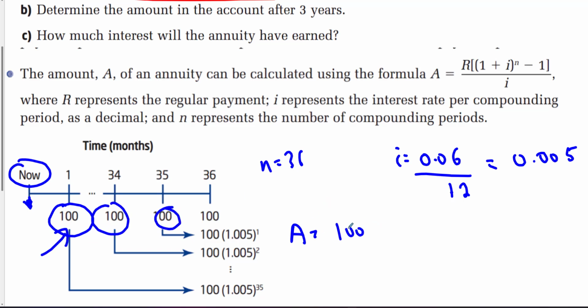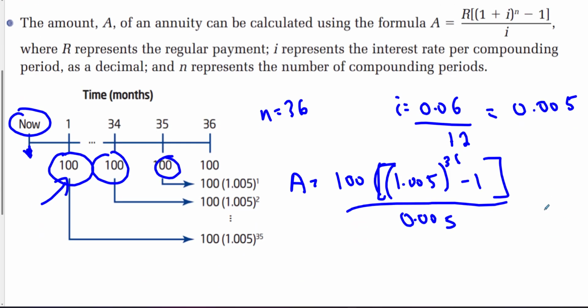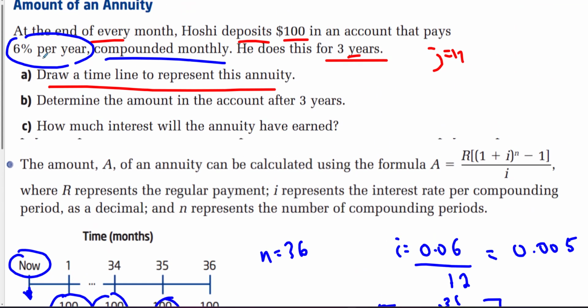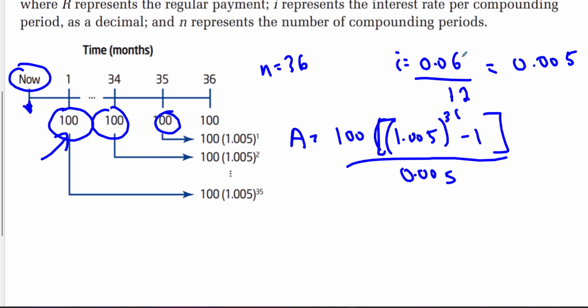Then 1 plus i, which is 0.005, so I'm going 1.005 to the power of n, which is, remember, the number of years times j, so 36, minus 1, all over 0.005. That's my i value. Don't confuse i with the interest rate given. That's wrong. Your i value is always the interest rate divided by the compounding frequency.